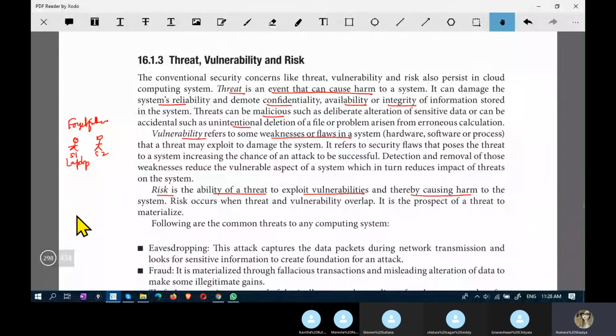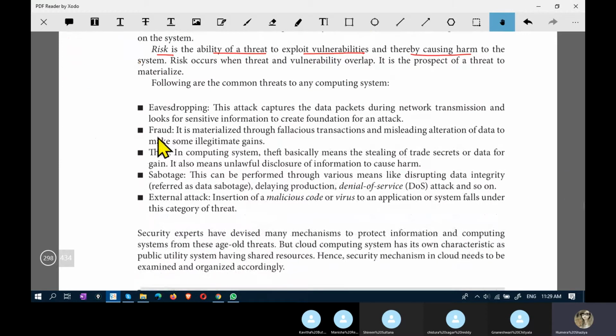There are so many evil people on the internet, and if the cloud provider or the cloud consumer does not take proper care, then their system or apps or documents are vulnerable to the risk of sensitive information being stolen, risk of physical harm to the system, and risk of stolen information being used to create problems. All these things are there. And what are the threats?